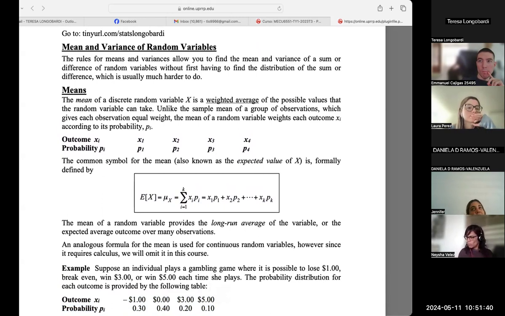If we get the expected value here, I'll show you on the calculator. I'm going to write the numbers down first.